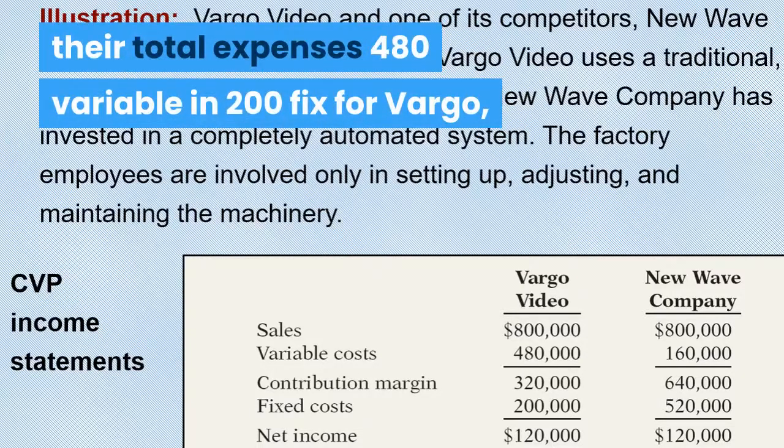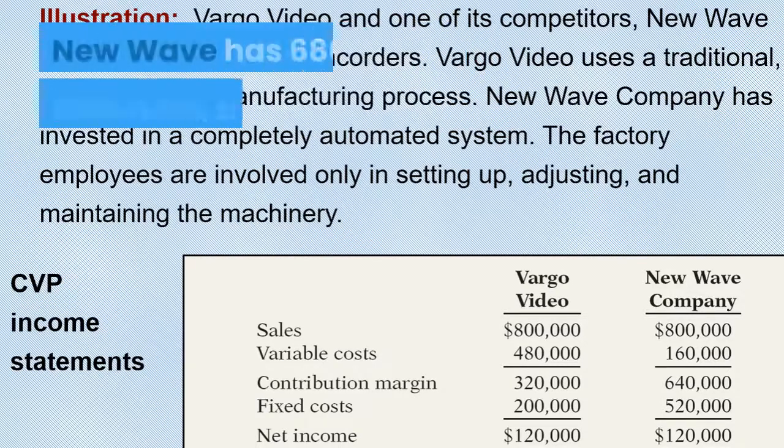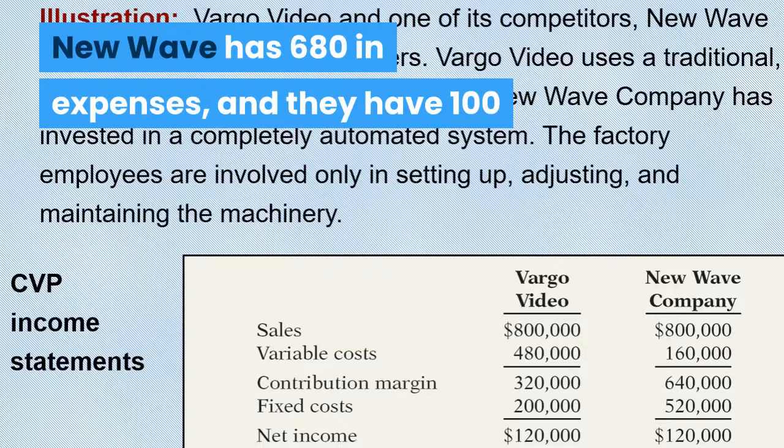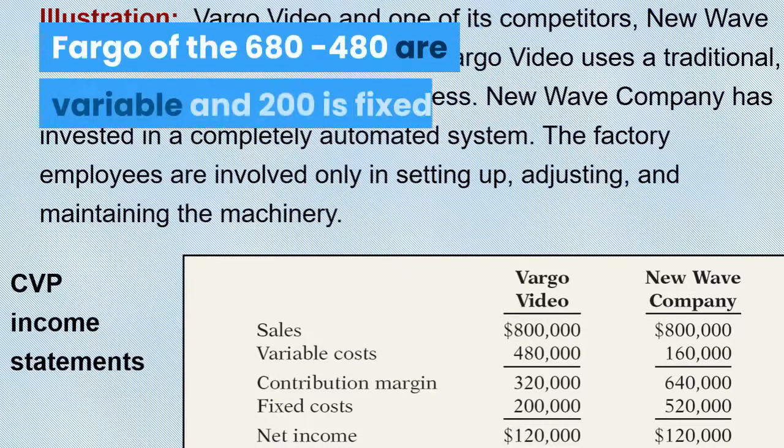So at this level, 1,600 camcorders, they both have sales of 800,000. Sales for Vargo is 800, sales for NewWave is 800. And when you look at their total expenses, 480 variable and 200 fixed for Vargo, 680 in expenses, and that leaves them with 120 in profit.